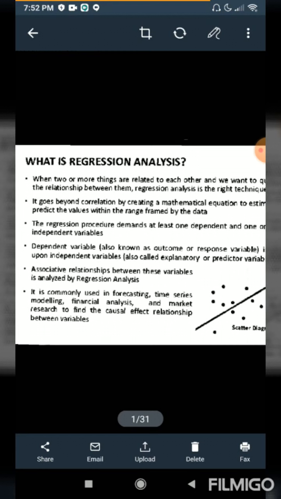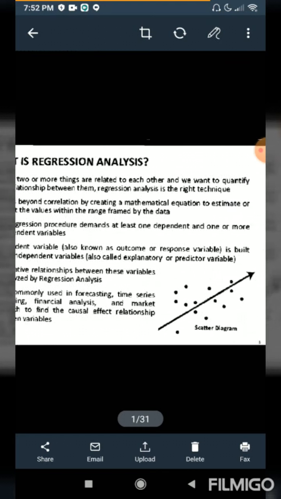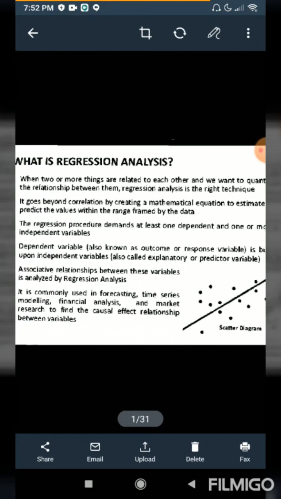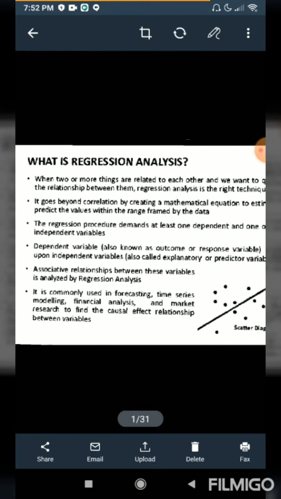The dependent variable, also known as the outcome or response variable, is built upon the independent variable, also called the explanatory or predictor variable. Regression is known for analyzing the relationship or predicting the values that will come up.